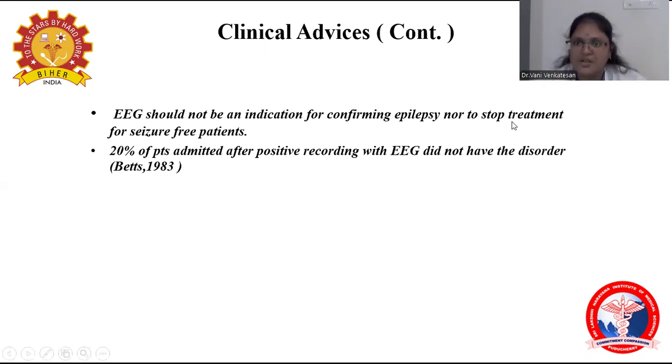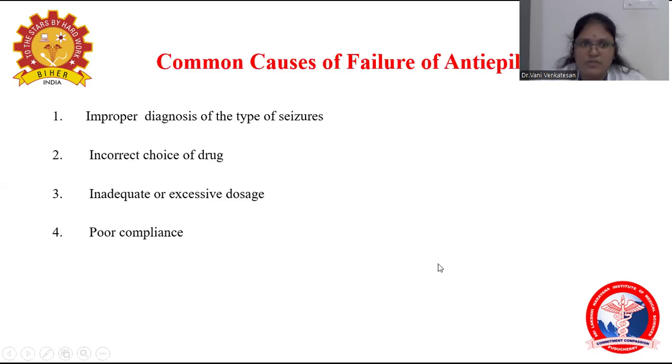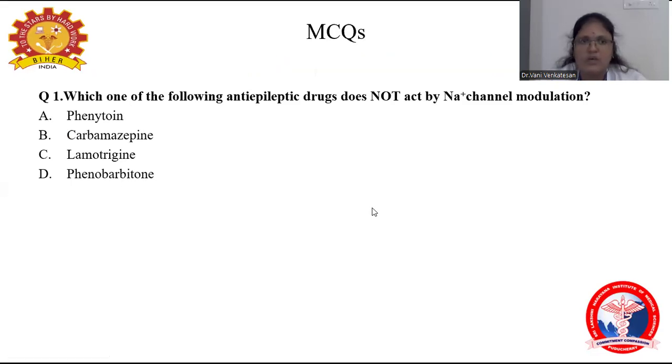You're supposed to stop the drug only as per medical advice. You're not supposed to stop the medicine by yourself. The seizure-free period must be a minimum of 3 years; only then should stoppage of therapy be considered. The common failures of anti-epileptic therapy include improper diagnosis, incorrect drug of choice, inadequate or excessive dosage, and poor compliance. So first, let's see the MCQ.